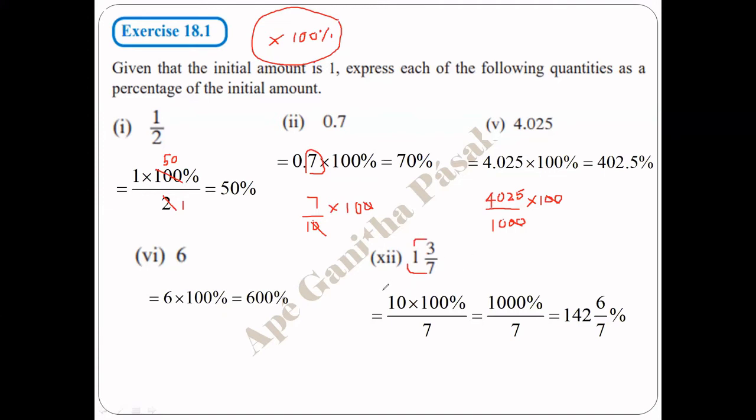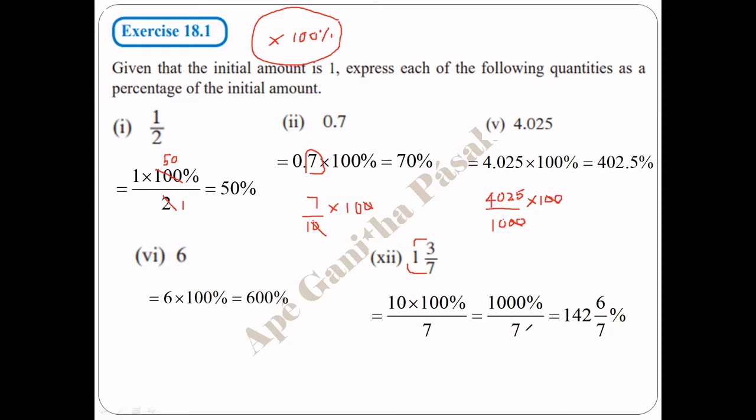So the numerator is 10. 10 over 7 multiplied by 100%. Same method. The fraction multiplied by 100%. Now check whether you can cut. You can't cut here. So multiply these two together. 10 into 100, 1000. Now 1000 divided by 7.